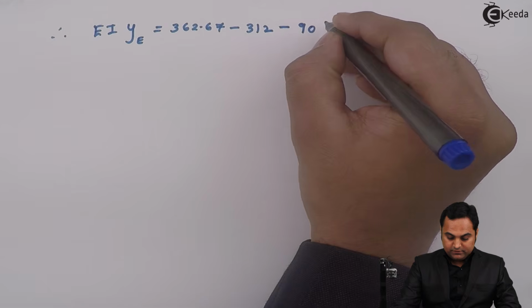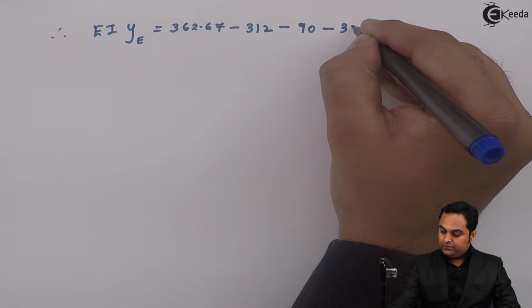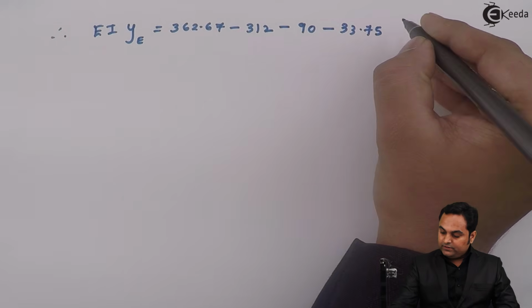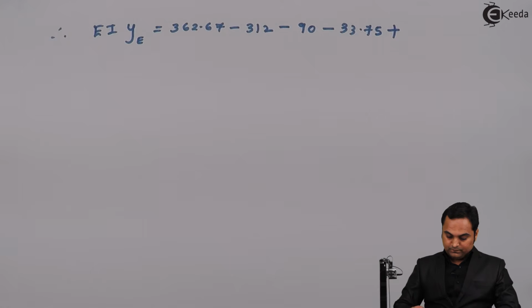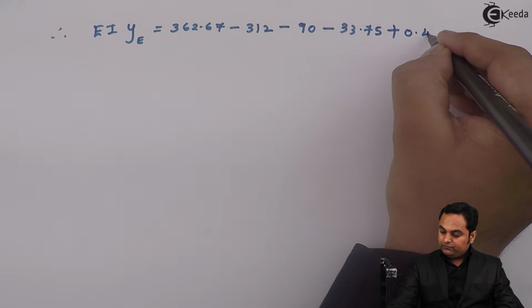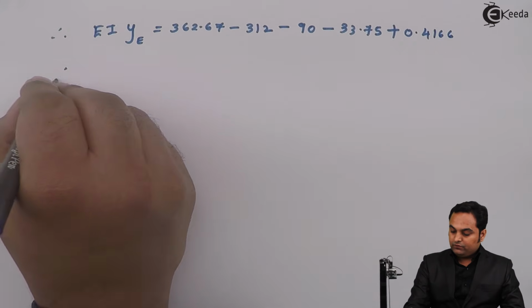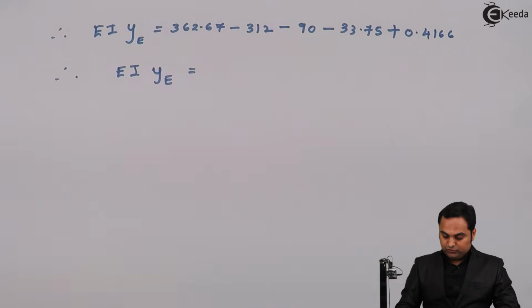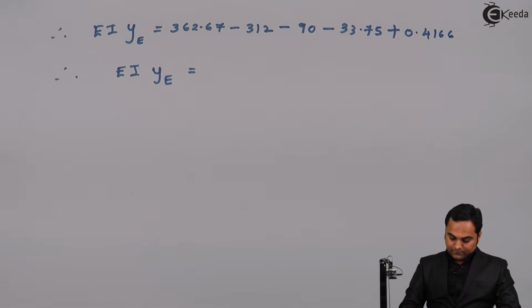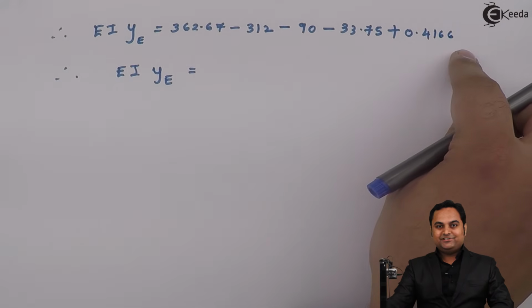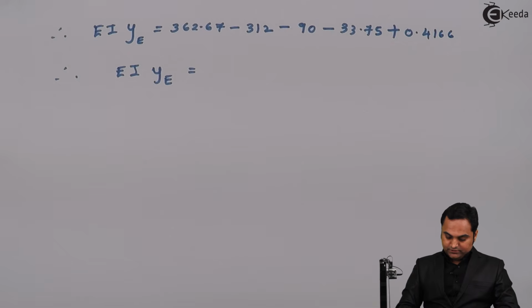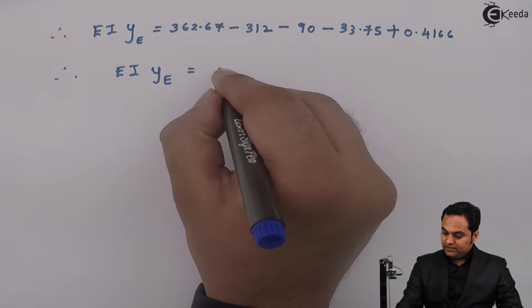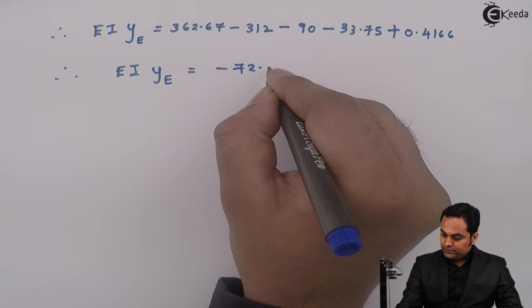Then we have 33.75. At last we have 0.4166. So therefore EI y suffix E will come out to be, I am adding all the terms here, so that answer is minus 72.66.